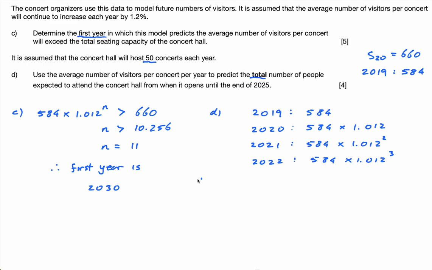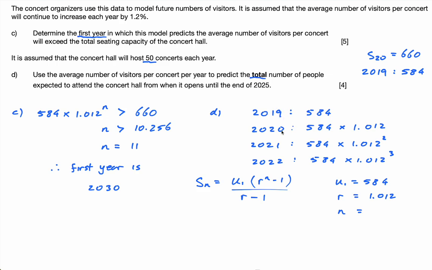Okay, so the sum of a geometric sequence, guys, in the formula booklet is u1 times r to the n minus 1 over r minus 1. Our u1 is 584, that's our first term. Our common ratio is 1.012, that's what we're multiplying by. And our n, well, let's figure out our n.